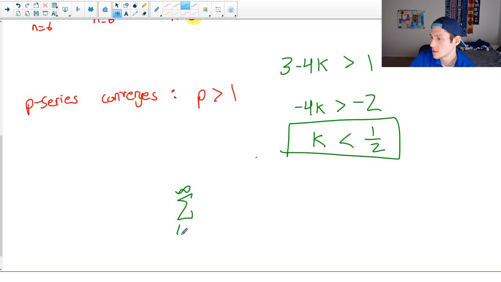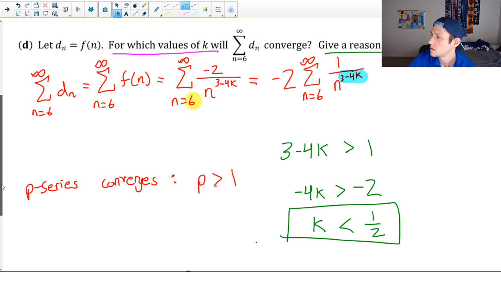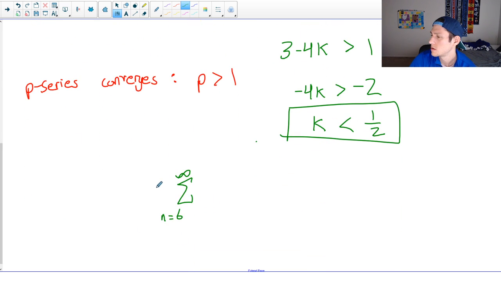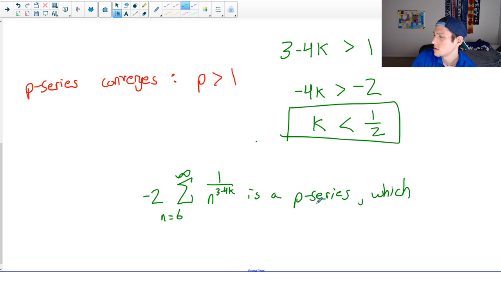So we'll say from 6 to infinity, -2, 1 over n to the 3 minus 4k is a p-series which will converge if p is greater than 1.